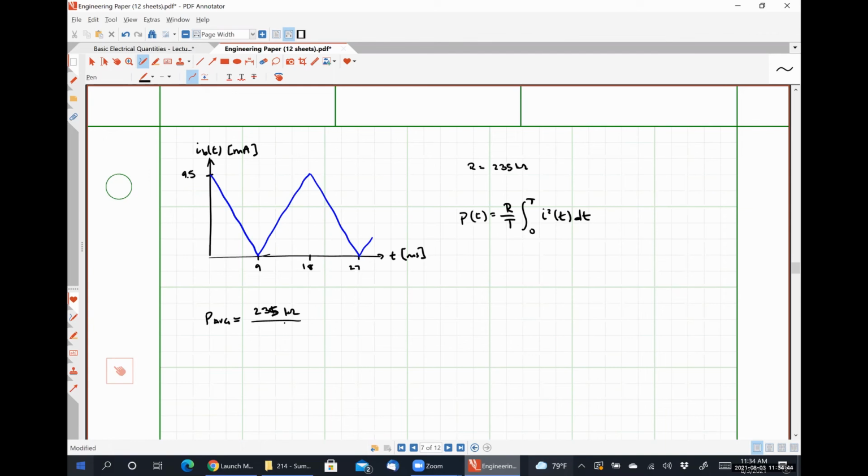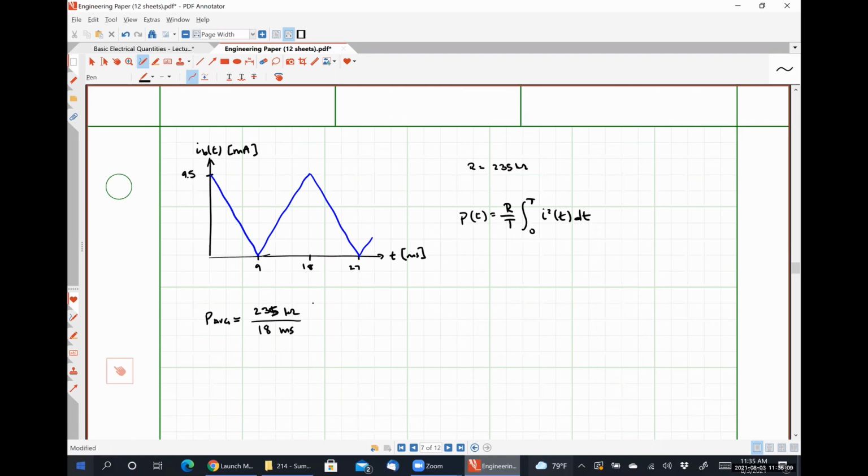I disagree. It'd be 18 milliseconds. 18 milliseconds, yeah. So it's 18 milliseconds because to go from the top peak, its maximum value of 9.5, back to 9.5 takes 18 milliseconds.